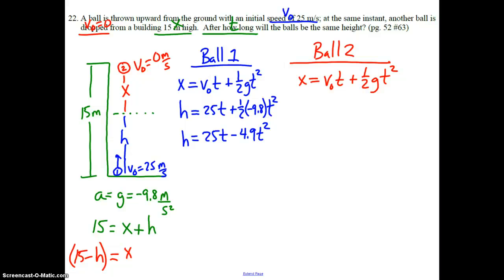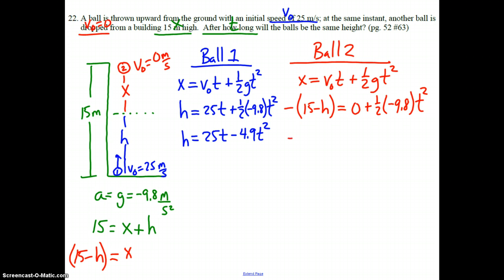However, what direction is that 15 minus h? What direction is that x value, the distance that ball 2 drops? That direction is down. And because that's inconsistent with h itself, we need to assign it an overall negative value. So subbed in here, x would be negative (15 minus h) equals, our initial velocity is 0, so the v0t term is 0, plus 1/2 negative 9.8 t squared.